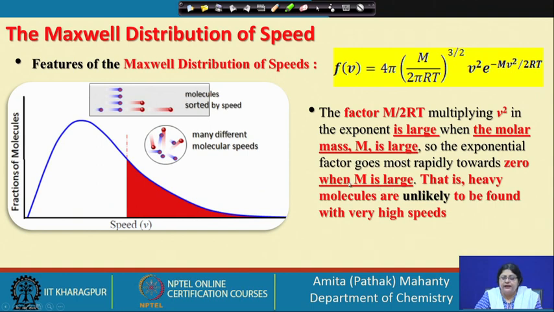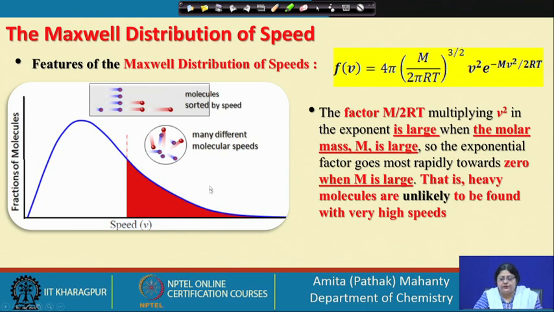If you are dealing with large masses, the decay will be faster. That is, the heavy molecules are unlikely to be found at a higher speed, right. So, if you are talking about higher molecular weight species, heavier molecules will not be found in the high speed region.